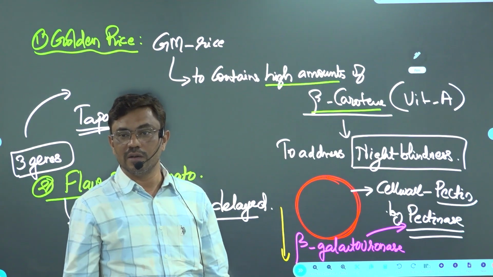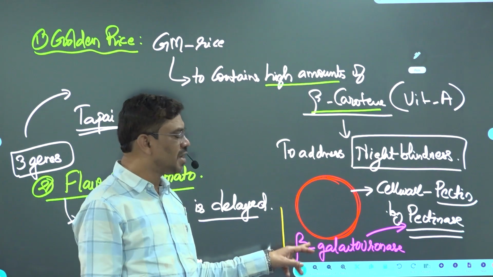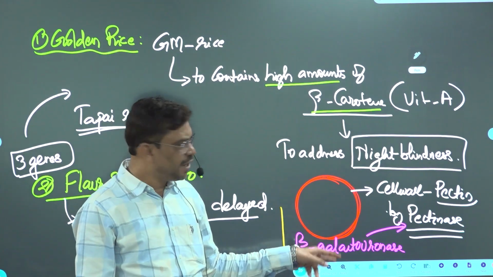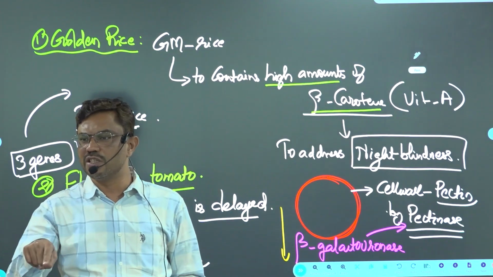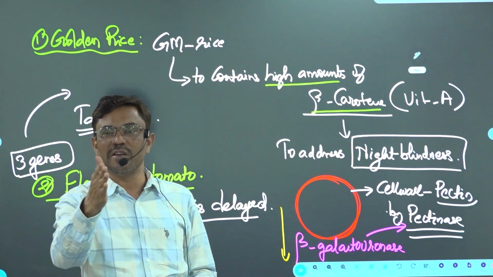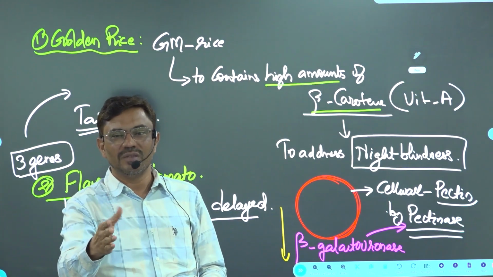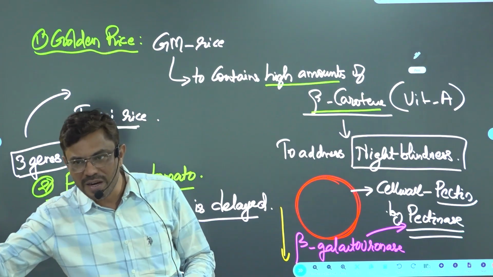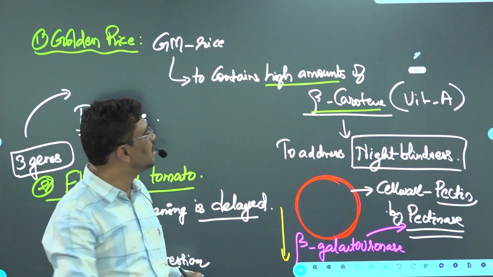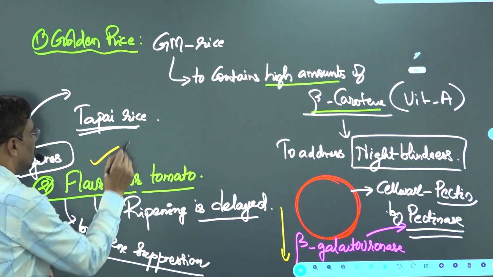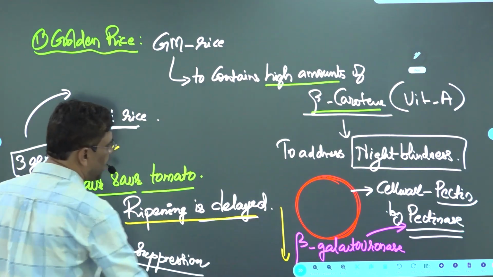Are you following? So indirectly we are suppressing the activity of pectinase. When the activity of pectinase is decreased, the degradation of the pectin will slow down. When it slows down, the ripening process will be slowed down or delayed. Is it clear? So this is the flavr savr tomato in which the ripening is delayed.